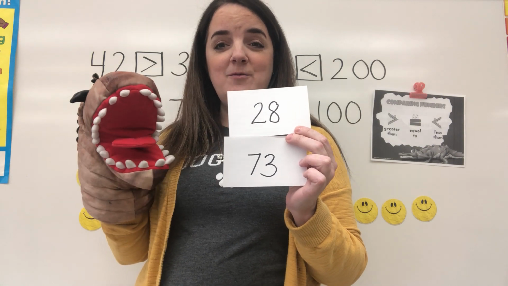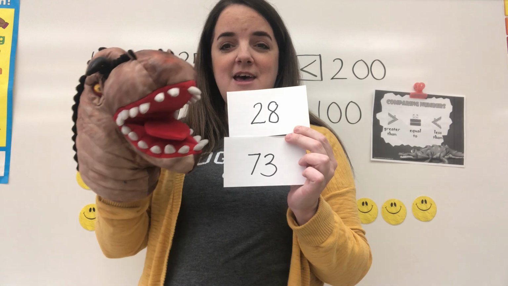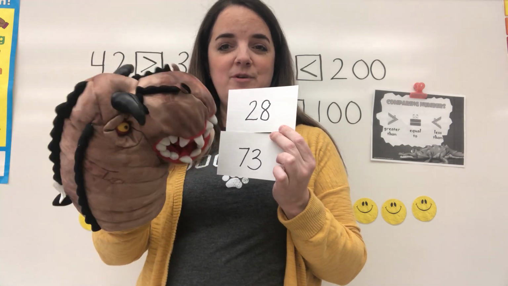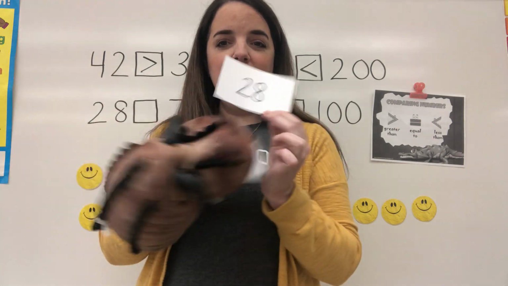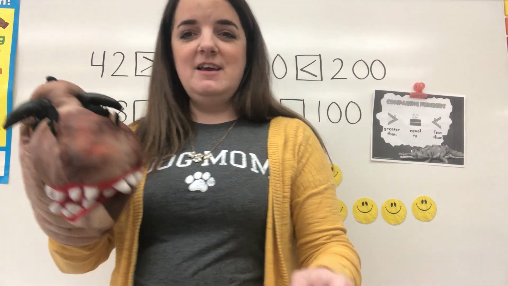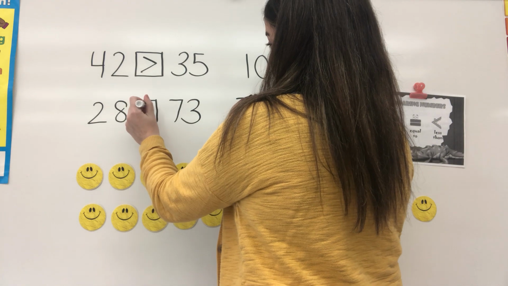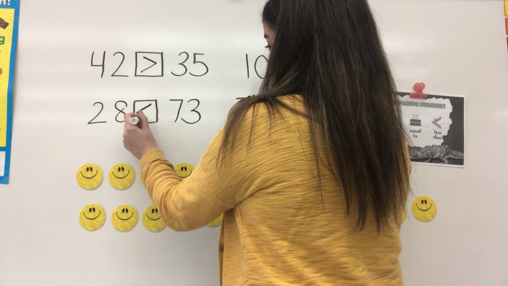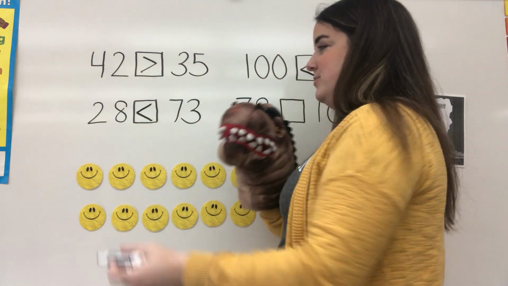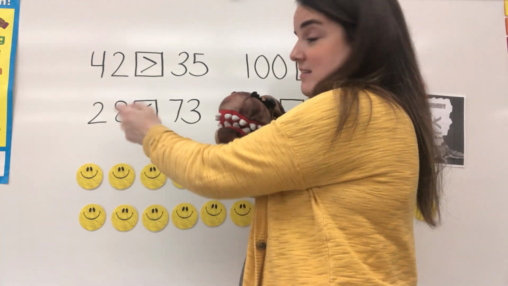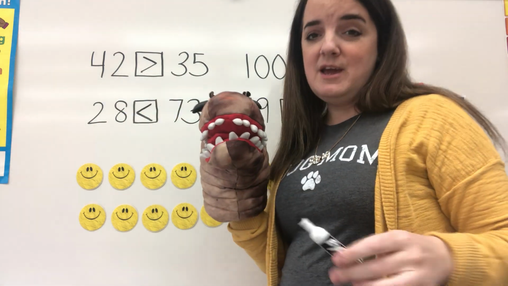Let's see. Ready? And go. Oh, he ate 73. So that means we're going to draw the symbol with the bigger side pointing towards 73. So 28 is less than 73.